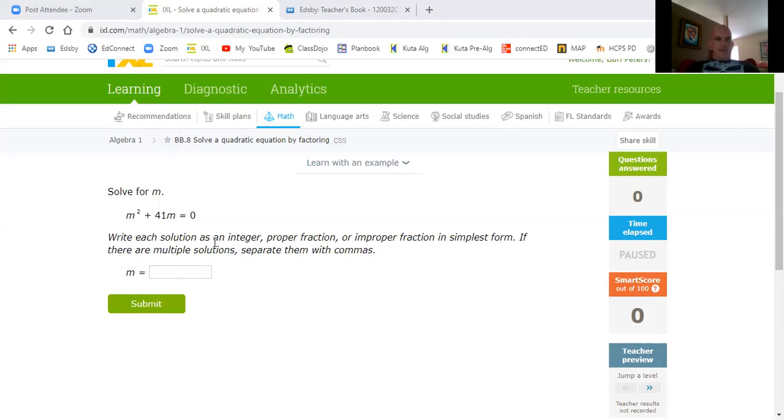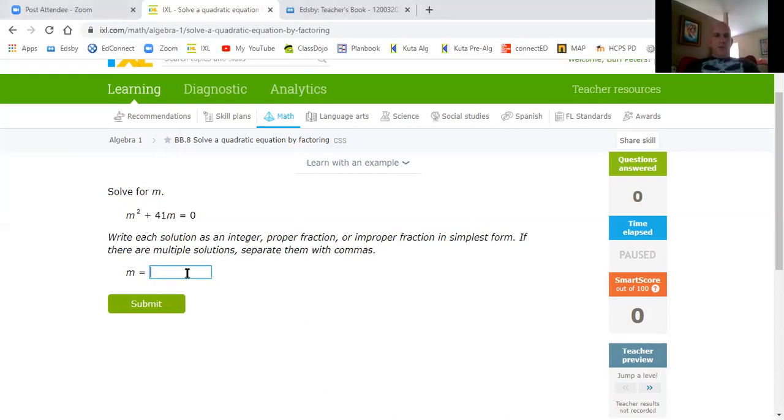So for this one, it says to write each solution as an integer, proper fraction, or improper fraction. So don't use decimals, and don't use mixed numbers for your solutions if they are improper fractions. And don't use decimals if you got a proper fraction. If there are multiple solutions, separate them with commas. I believe most of these are going to come with two solutions.